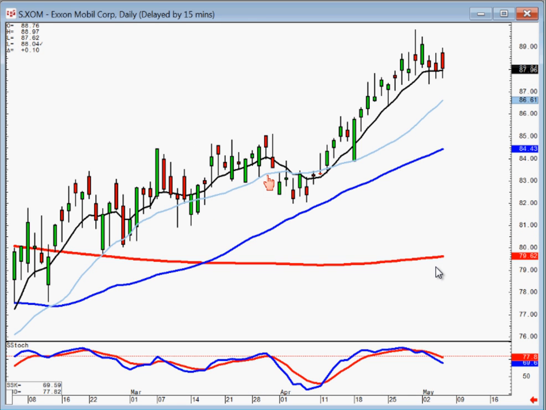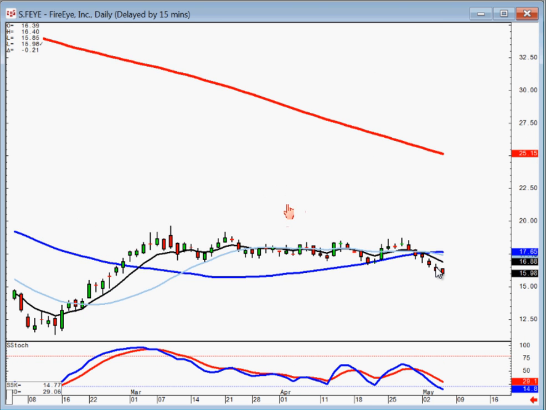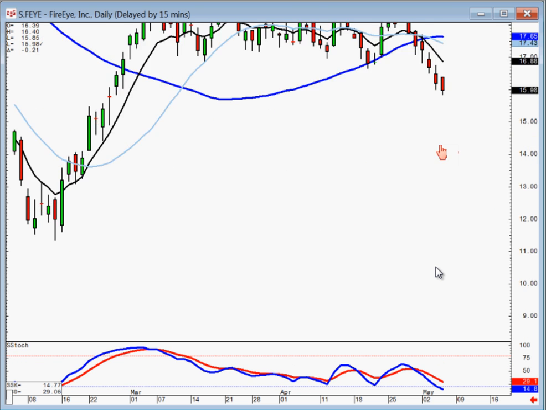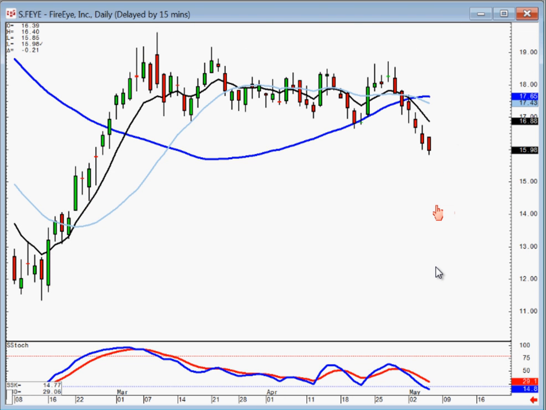ExxonMobil, that's a toughie. It's getting a little bit toppy here. So if it opened lower tomorrow, you close out any long positions. I think we did this one. This one you stay short. Yelp.